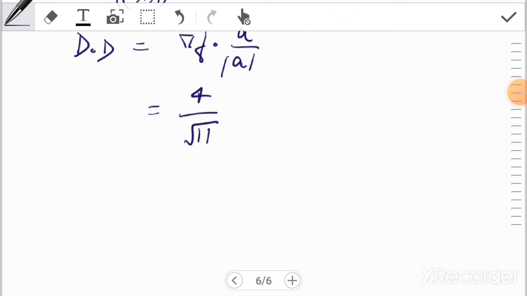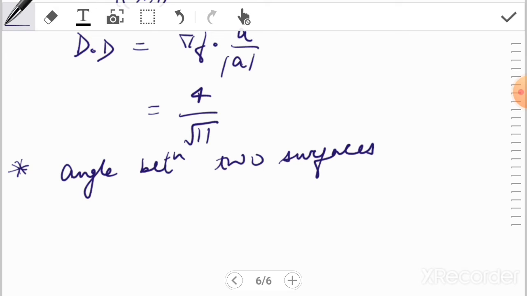So if you have to find the angle between two surfaces, the angle between two surfaces is nothing but the angle between normals drawn at their surface.